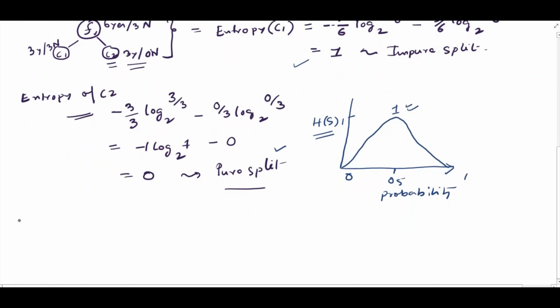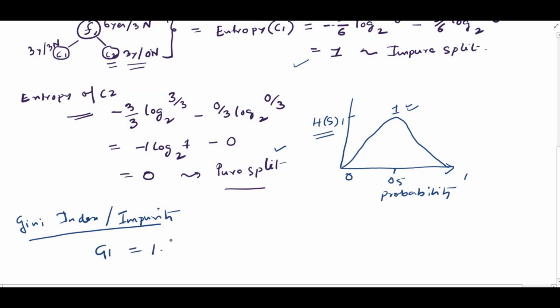Now we will continue with the Gini index. So let's consider the Gini index now. A lot of books call it the Gini index, and some of them call it Gini impurity. Okay, so what is the formula?